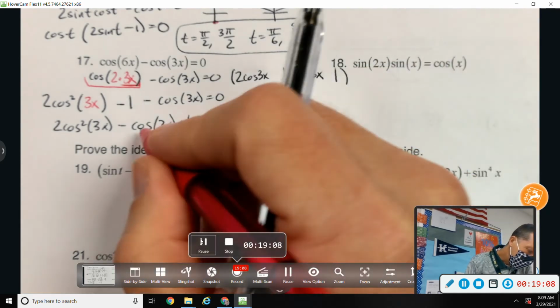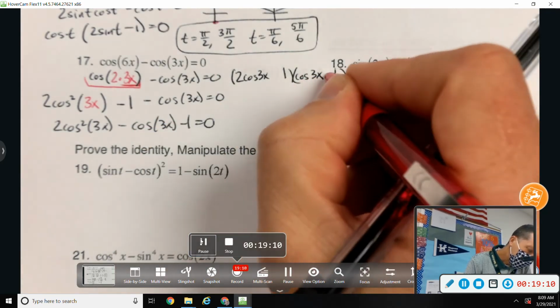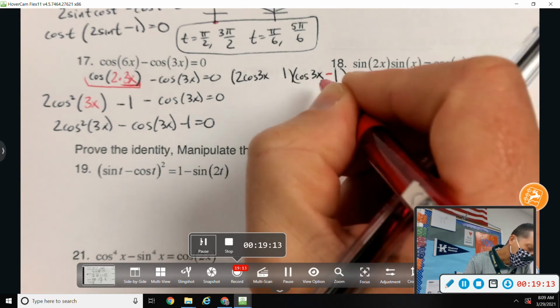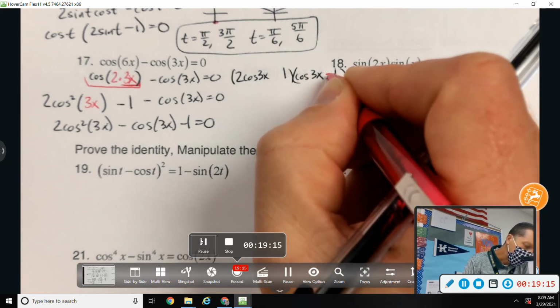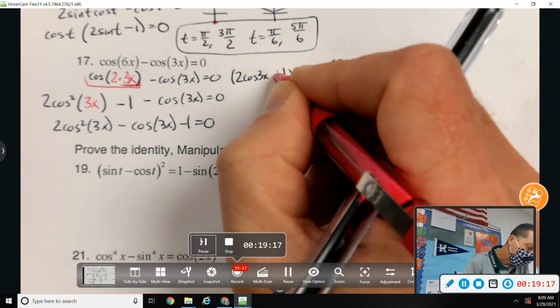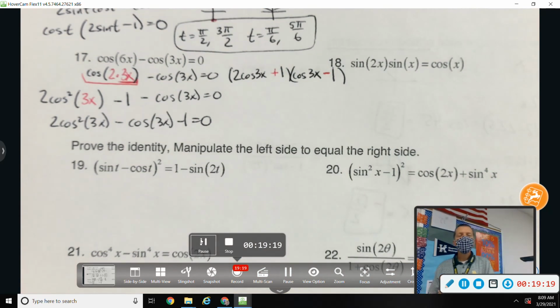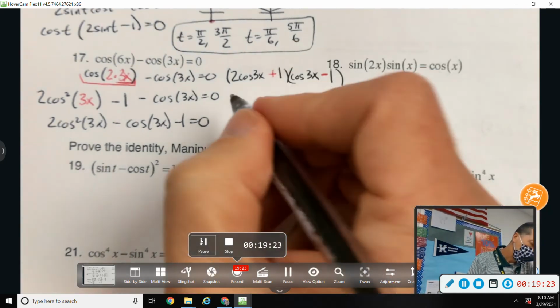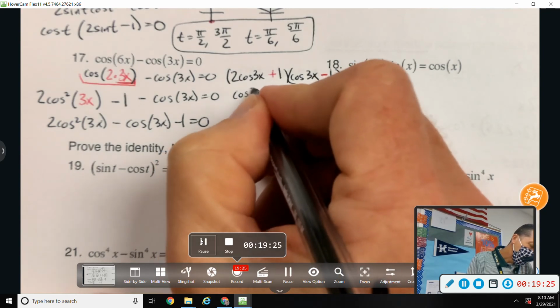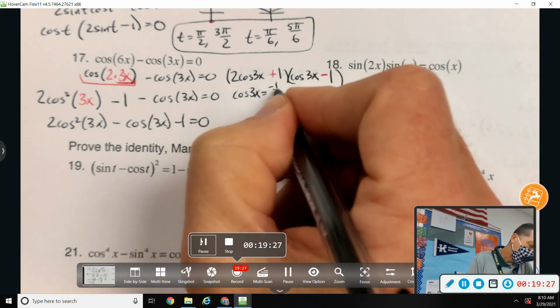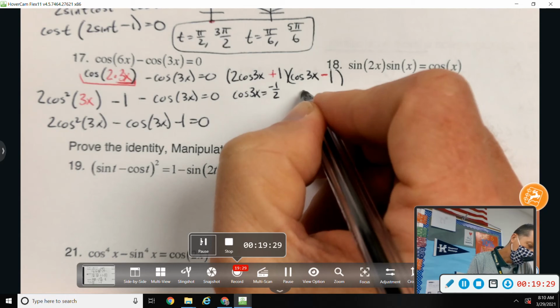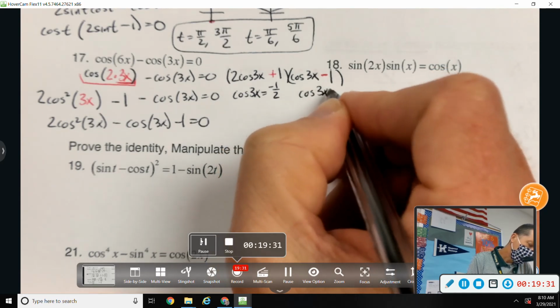Let's see, I want the cosine 3x to end up negative, so I'll put the minus across from the two of them. That way we end up negative. So this means cosine of 3x equals negative 1/2. Cosine of 3x equals 1.